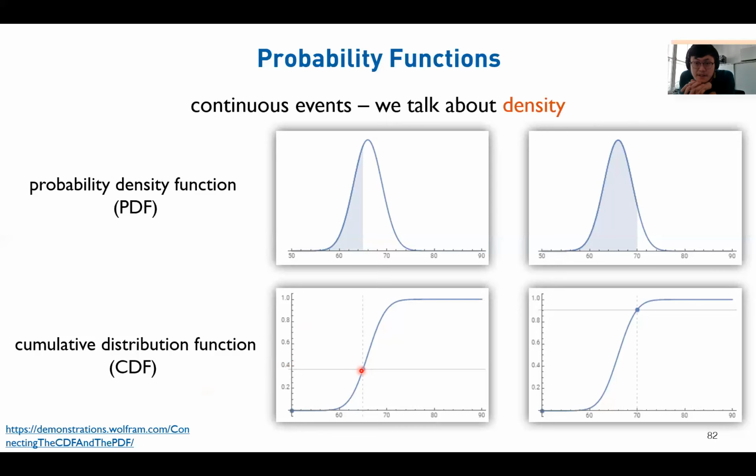Okay, there's a question. The y-axis is not scaled from 0 to 1, so it cannot be a probability. Are you talking about here or here? If you are talking about the CDF here, it is 0 and 1. So maybe there's some illustration issue. I found it from the internet.